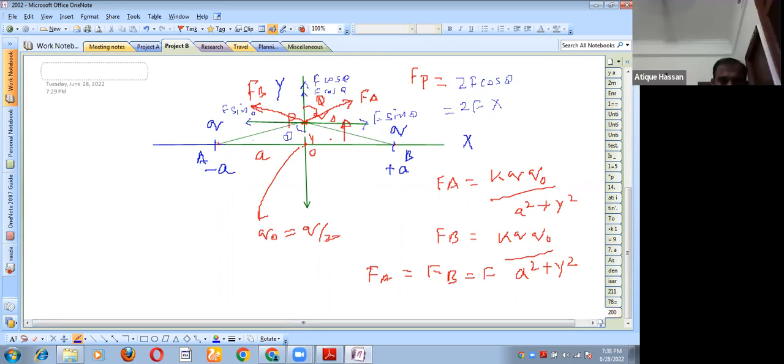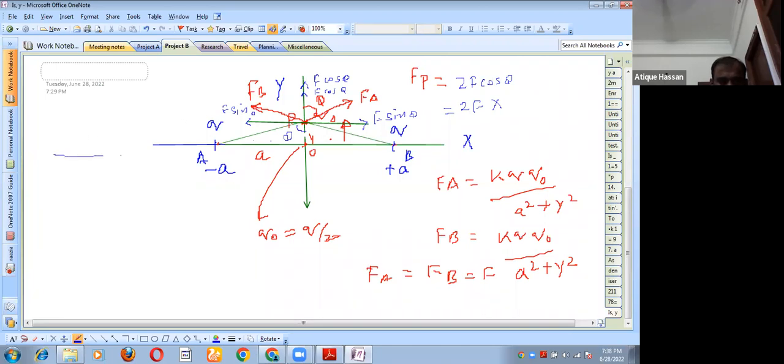In this triangle, you have to find cos theta: base upon hypotenuse. What is the base here in the triangle?